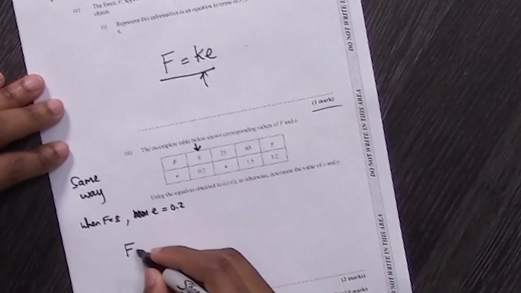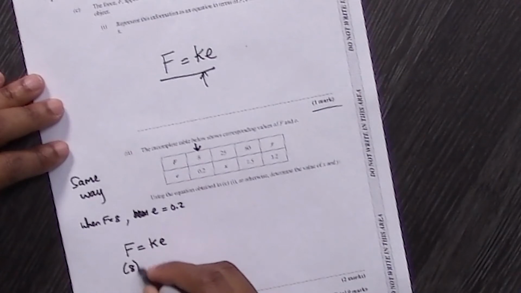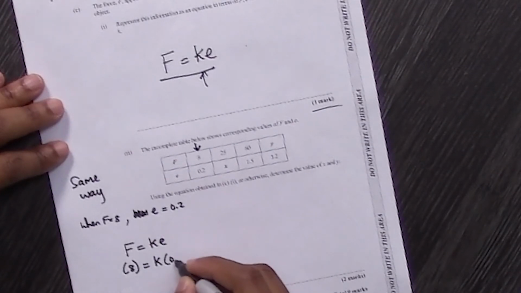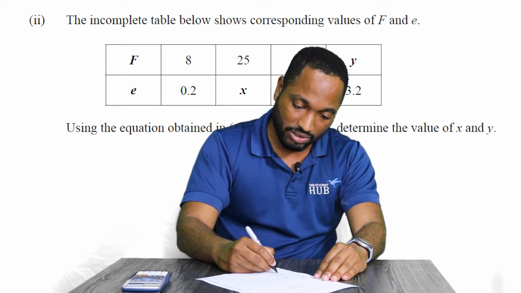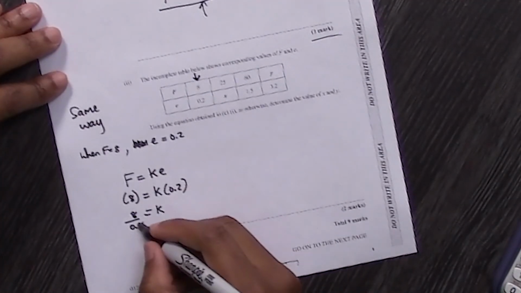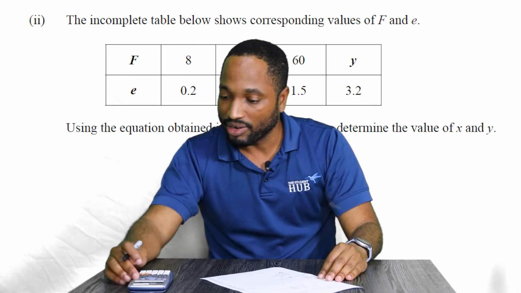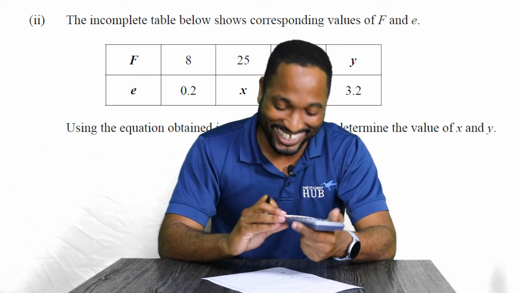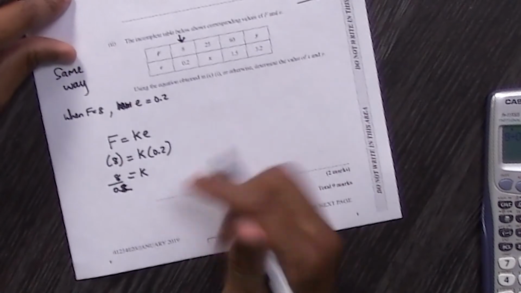So F is equal to KE means 8 is equal to K times 0.2. Using our expert decoding skills, 8 divided by 0.2. Wow, the mistakes just flowing in here. 8 divided by 0.2 is 40. K is equal to 40.